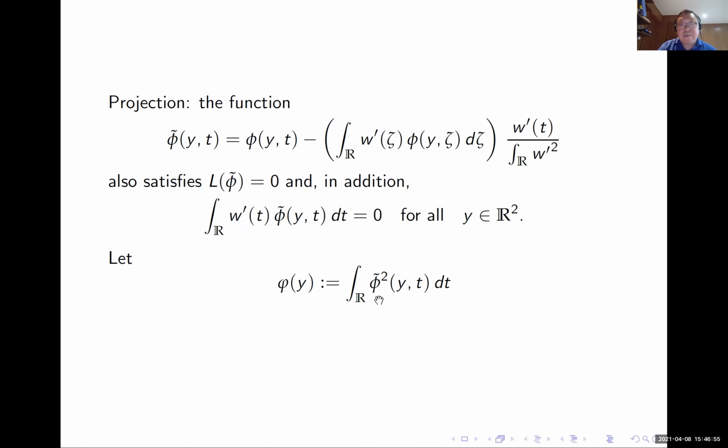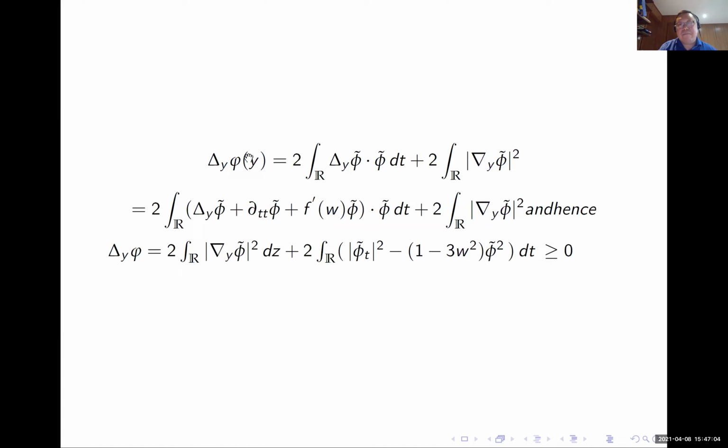So now let's compute the L2 norm in dt, and compute the Laplace of this L2 norm. You just do some simple computation and find that the Laplace of the L2 norm has a sign: it's non-negative.